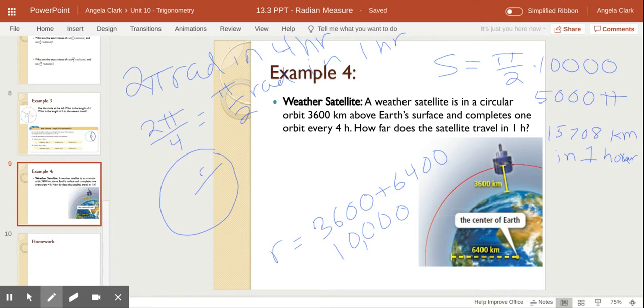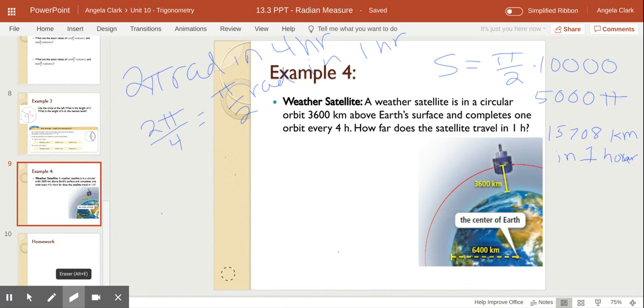Let me do some erasing so that we can actually see what I'm talking about. Say it was 2 pi radians in 5 hours. How many then would it be in 2 hours? Well, there isn't just a nice clean number that I can divide 5 by to get 2. So basically I'm thinking 5 divided by what equals 2.